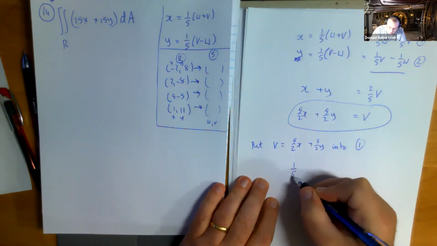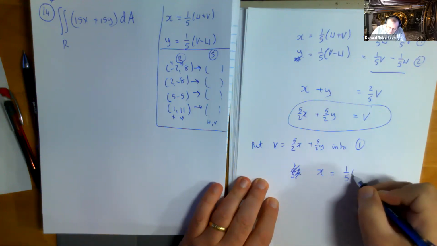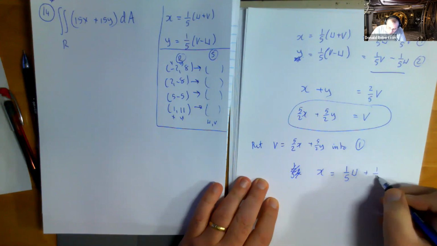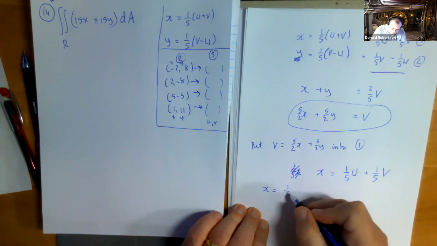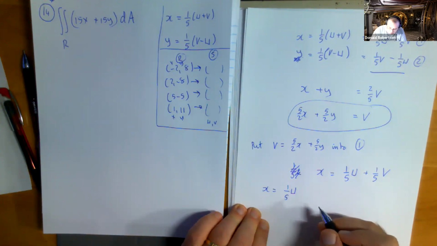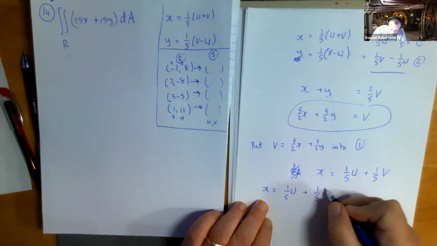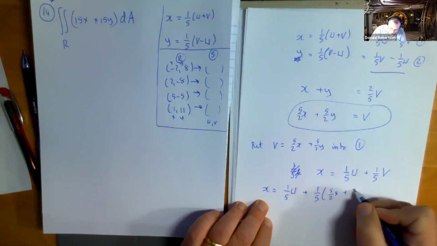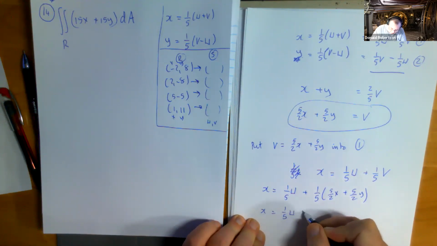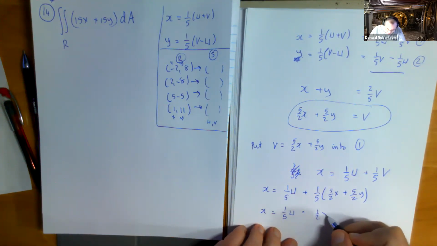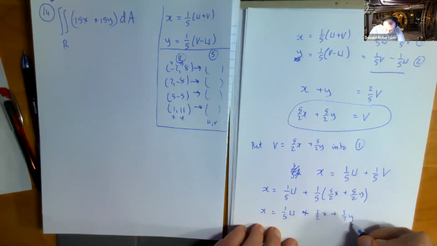So x equals 1/5 u plus 1/5 v. x is going to be 1/5 u plus 1/5 of 5/2 x plus 5/2 y. So 1/5 u ends up being 1/2 x, 1/2 y.